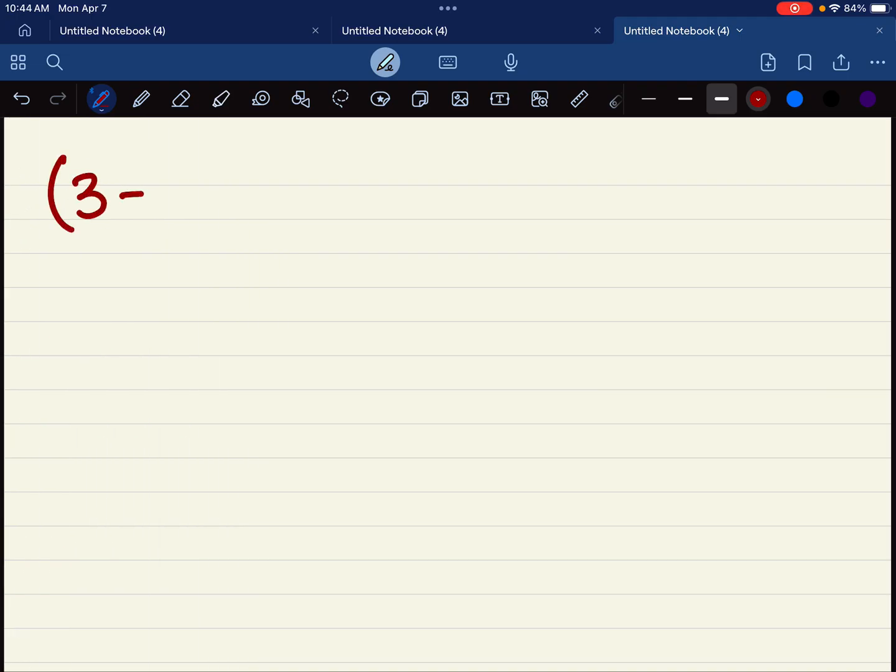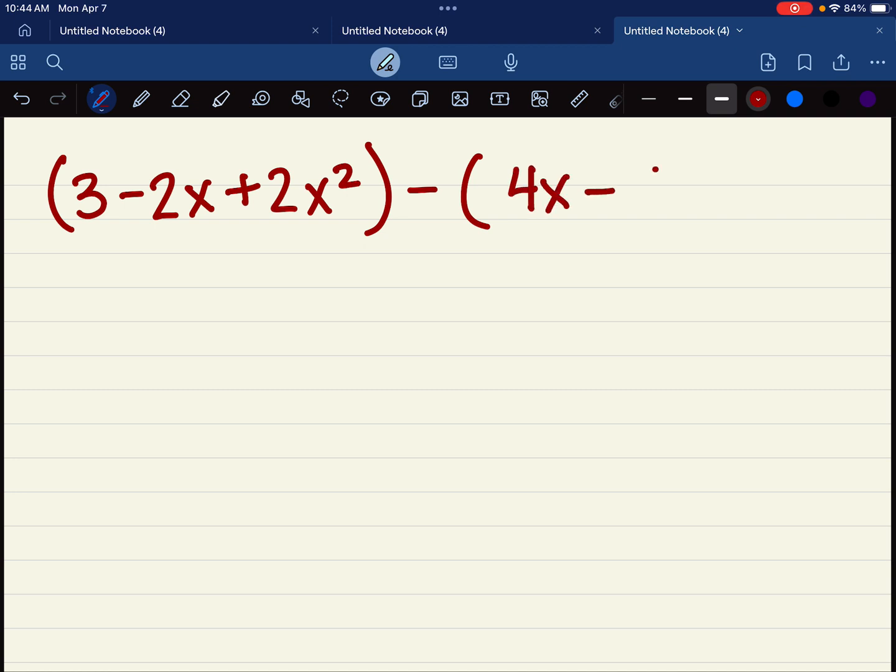3 minus 2x plus 2x squared minus 4x minus 5 plus 3x squared. Okay, now, here's the one time you have to be a little more careful. When we see subtraction, I could start with 2x, and then I could go through and subtract this.